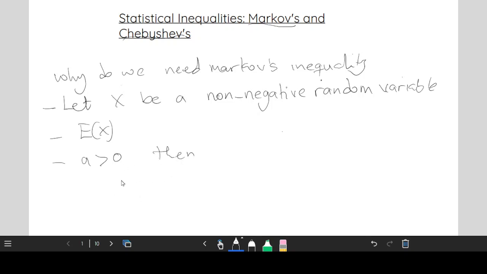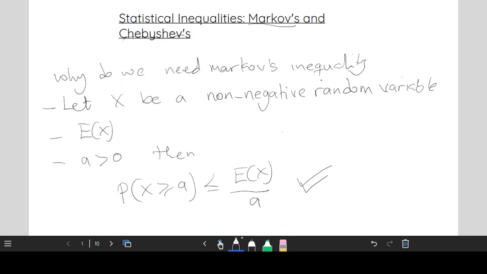Then the Markov inequality states that the probability of X greater or equal to A is less or equal to the expectation of X all over A. So this is the Markov inequality.